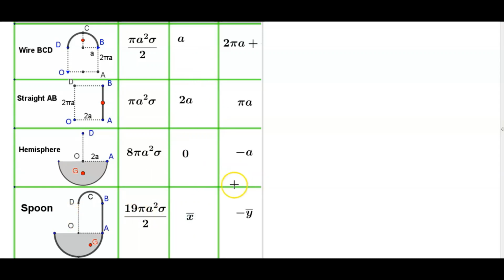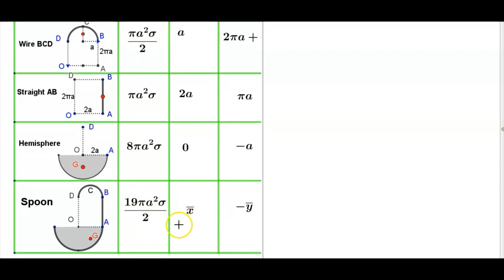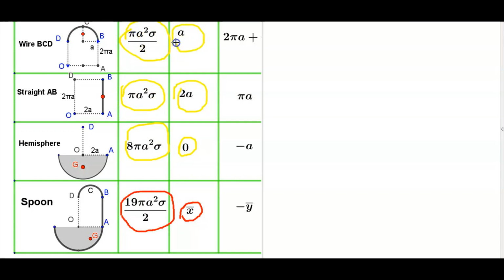This mass into this distance is equal to this mass into this distance plus this mass into this distance plus this mass into this distance. I will explain well.